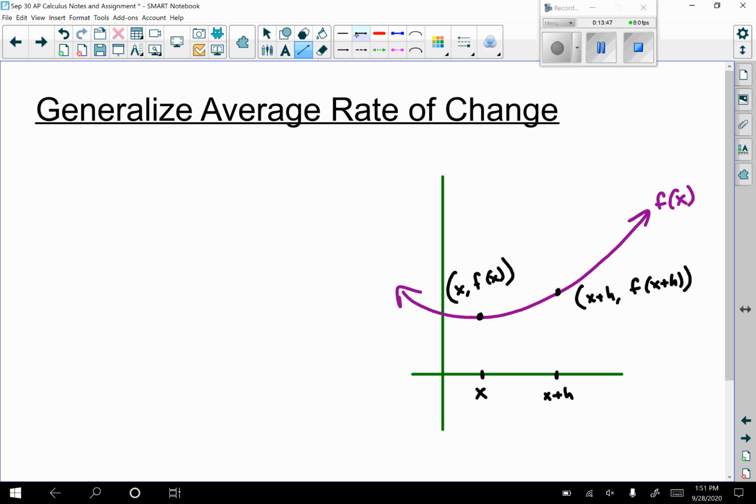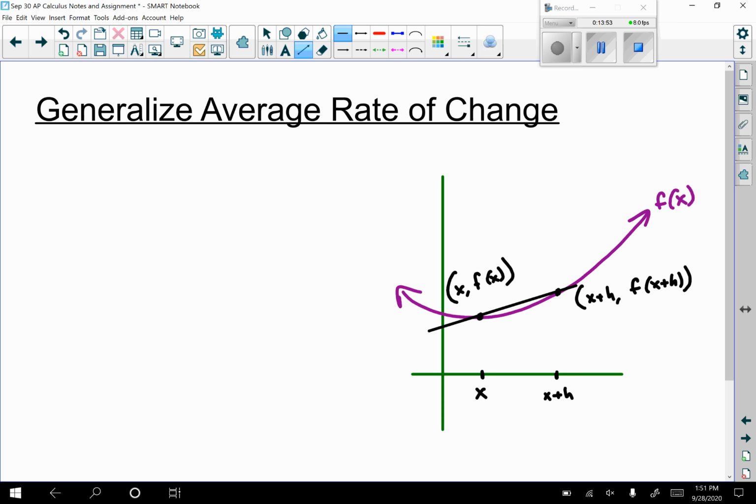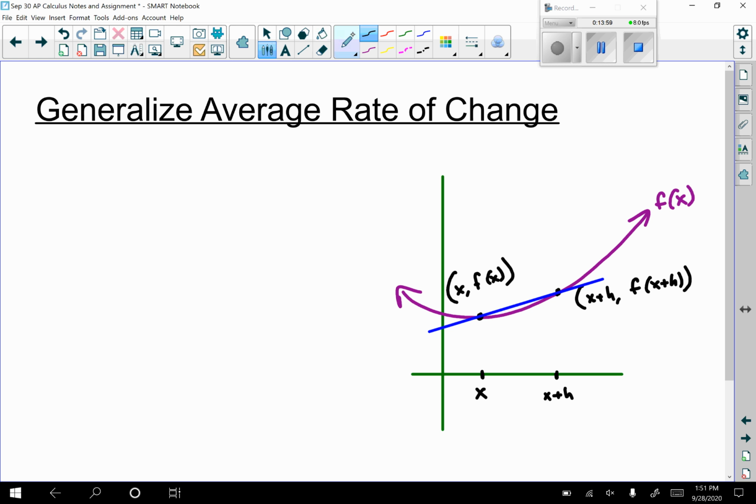Now if I wanted to find the average rate of change, again, I would draw a line. It's going to be a secant line going through these points. I'm going to change that color there. All right, so again, this is our secant line. So again, the average rate of change is equal to the slope of the secant line.